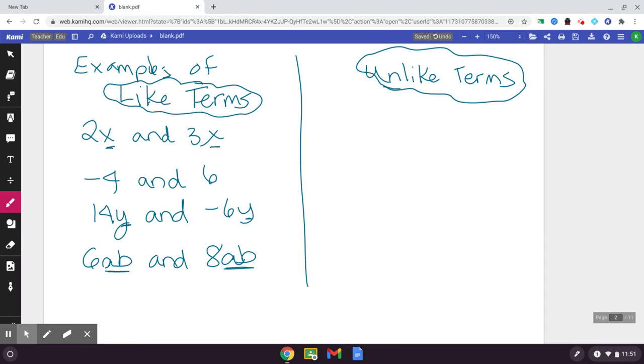Well, any term that does not have the same variable. So if we have like 6 and 2a, see how the 6 doesn't have a variable of a? So that means these are unlike because they both don't have a's. Another example would be like -4b and -18.